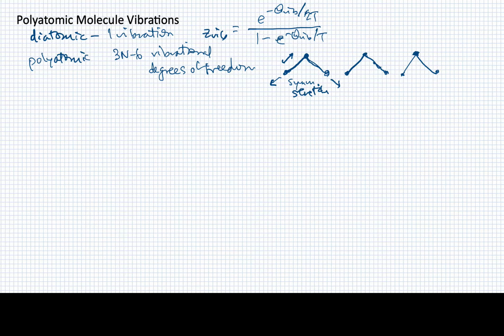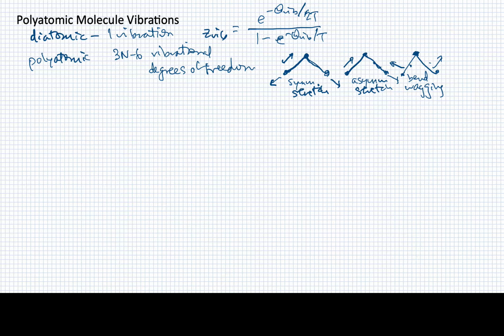It has another vibration where one moves in while the other moves out. This is called an asymmetric stretch vibration. And it has a vibration where the two bonds wag relative to one another. So this is either a bend mode or a wagging mode. Okay, but these are what the three vibrations look like.